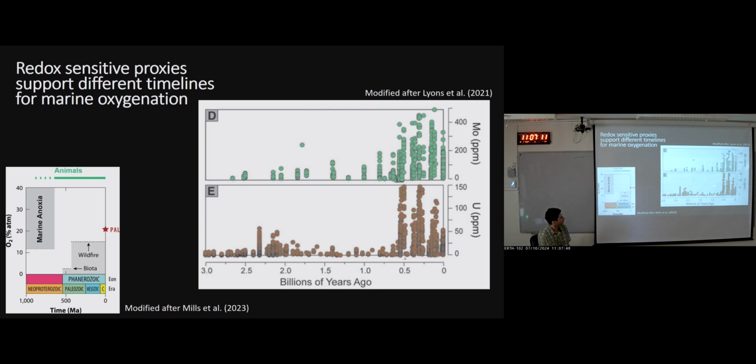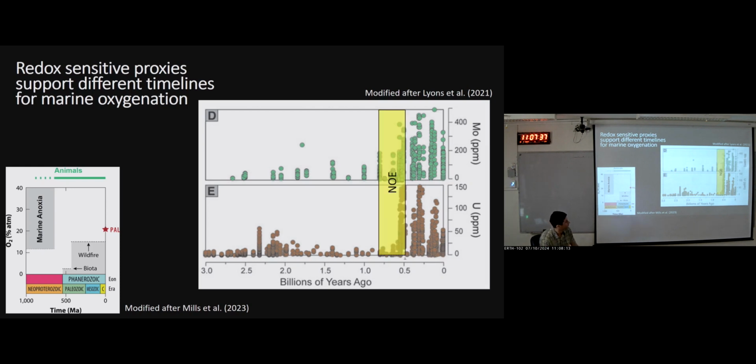And we look at the record, and we see that during the transition toward the end of the Proterozoic, at around 0.6, 0.7 billion years ago, they shoot up. They increase dramatically, which has been interpreted as a sign of the oxygenation of the ocean.